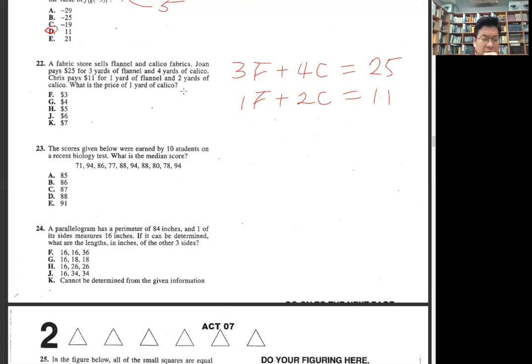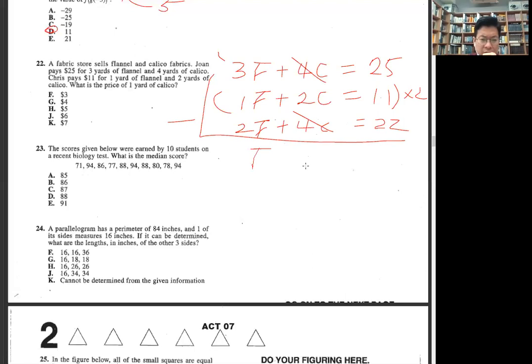We're looking for the price of 1 yard of C. Let's multiply this one by 2 to make it simpler. So 2F plus 4C equals 22. You subtract, and C goes away. So F equals 3. Plugging into here, 9 plus 4C equals 25. So 4C is 16, C is 4.